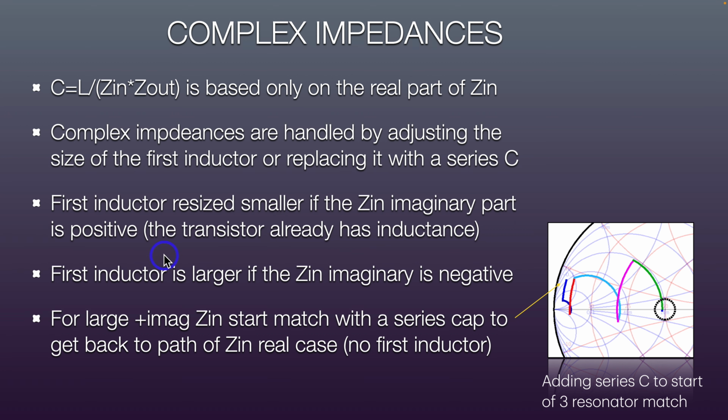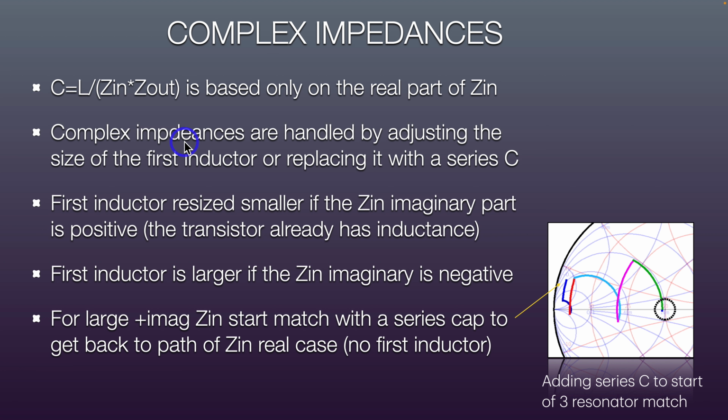Okay, to summarize the complex impedances, I also included a graphic representation of that down here, where because I got so high into the upper part of the Smith chart, I use a capacitor to get back down to the point where we can do the translations to get over to 50 ohms, and with 3 resonators.